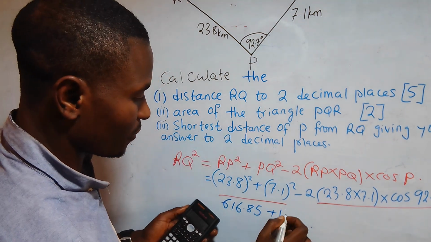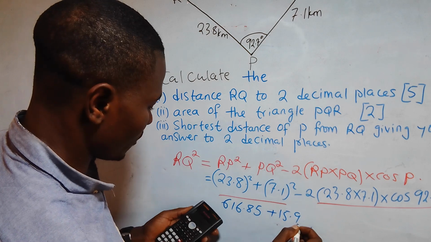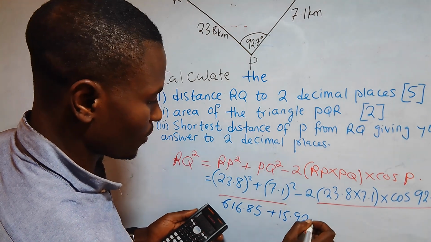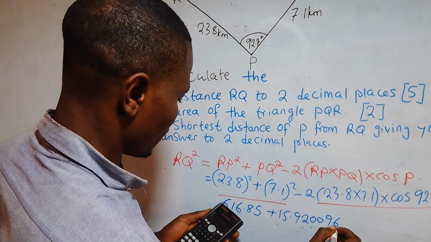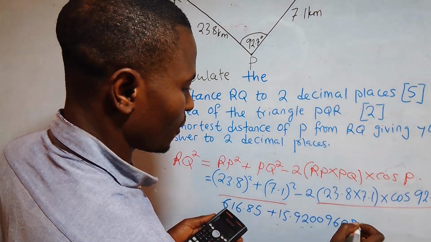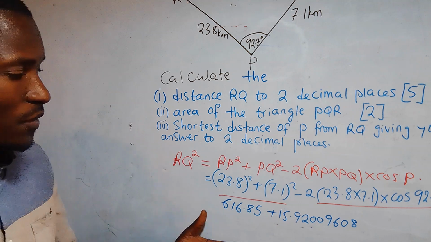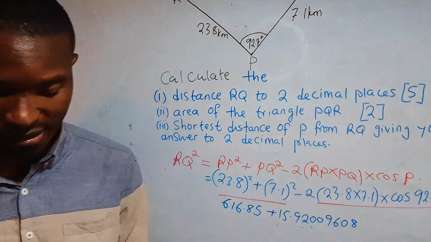So plus 15.9 2009608. Okay, so this is a number that you're going to actually get.